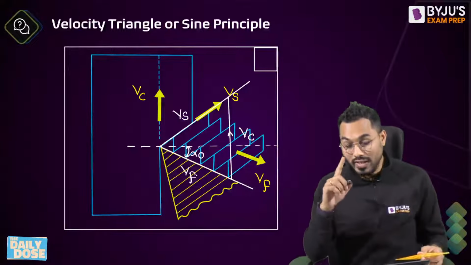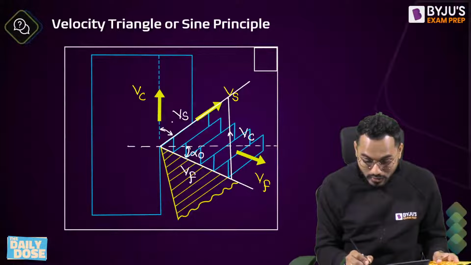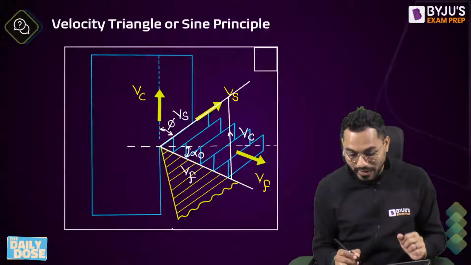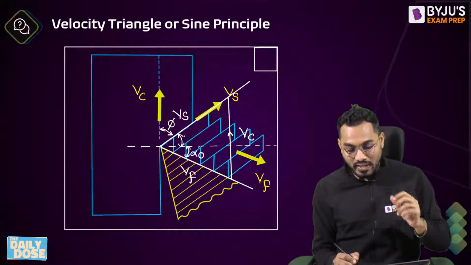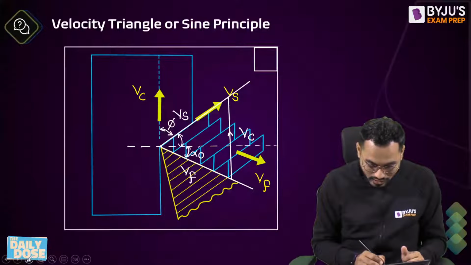Now we have to set these particular angles. The angle made by the shear plane with the cutting velocity vector is the shear plane angle phi. So what is this angle? This will become 90 minus phi. This is alpha 0.